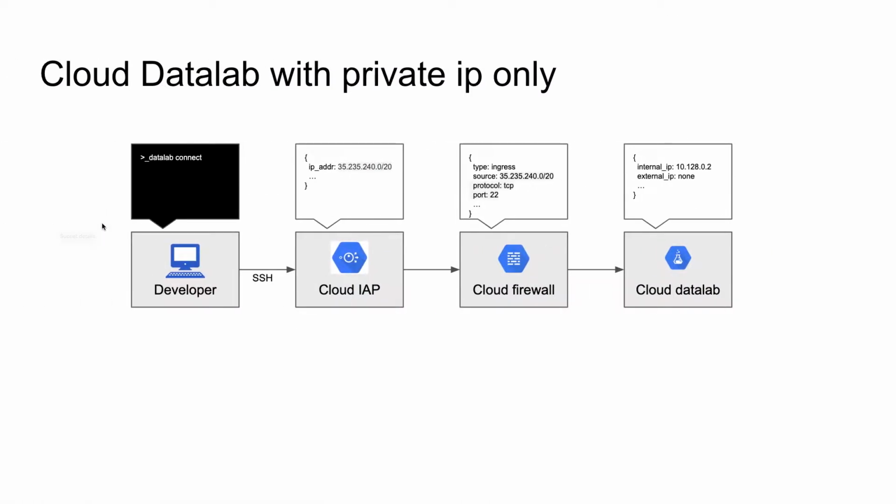But in order to enable this scenario, we have to turn it on, because if I do not have a public IP address on my Datalab instance, I cannot get out to any of the resources such as Google BigQuery or Google Cloud Storage, because those API endpoints are public endpoints over the public internet.